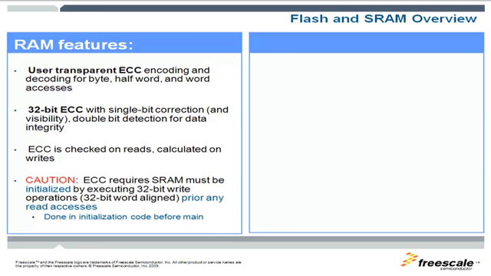And this again is in the startup code of the projects we're giving you, or if you download through the debugger, you must have the debugger write to all of memory, or your code write to all of memory before you use it. And that will set the initial ECC bits.